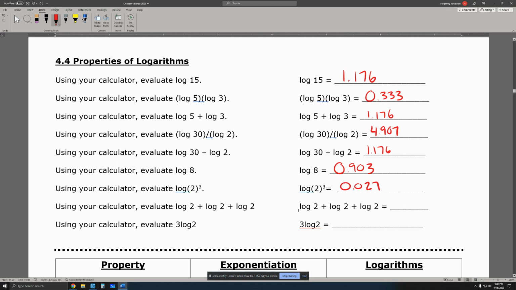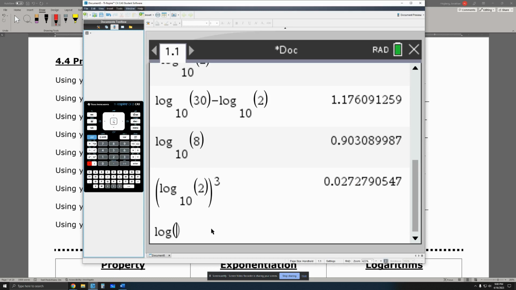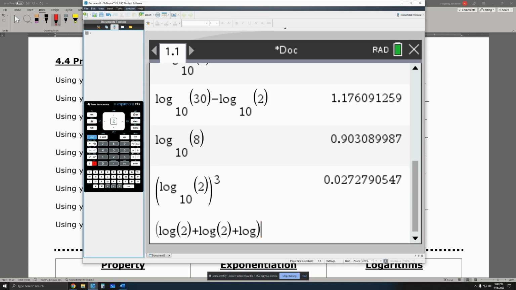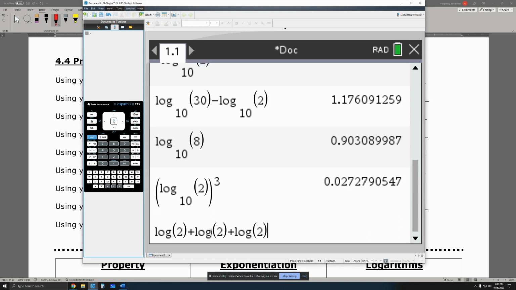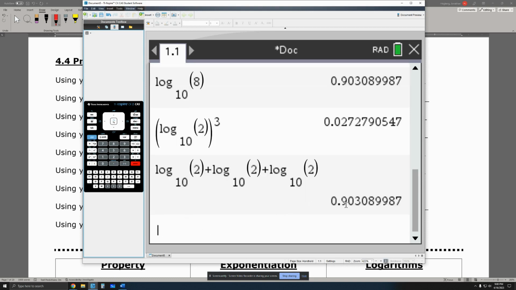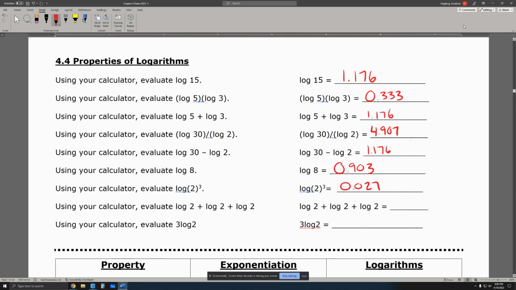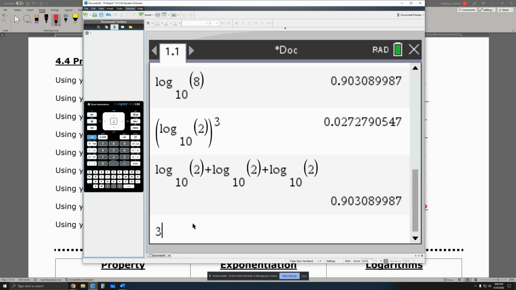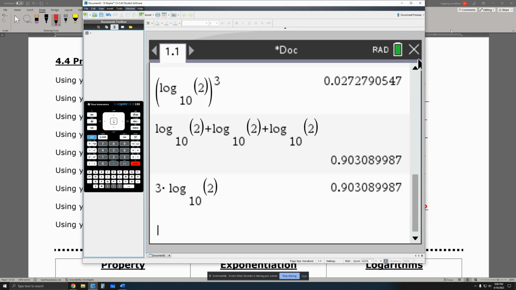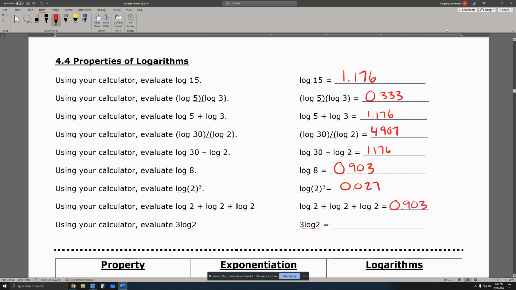And then we have log of 2 plus log of 2 plus log of 2. Control enter. We get 0.903. And finally, our last one, 3 times the log of 2. Control enter, 0.903.